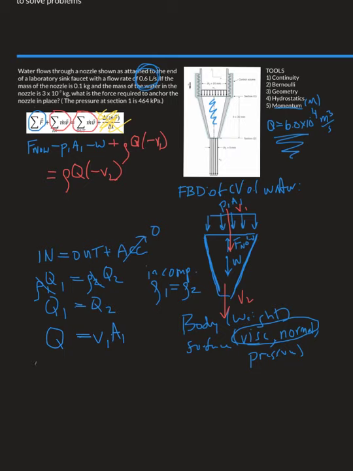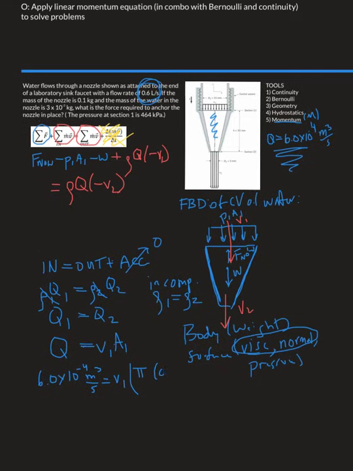So we'll say 6.0 times 10 to the negative 4th meters cubed per second equals V1, which is what we're solving for, times the area, pi times diameter 1, which appears to be 16 millimeters, squared, divided by 4. Careful with those silly units.